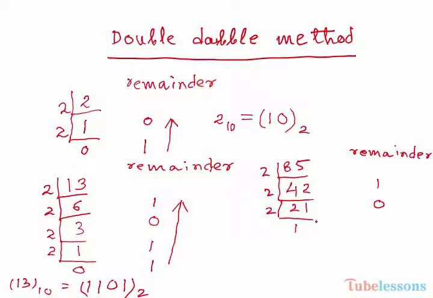10, and the remainder is 1. Again divide it by 2, that is 5 times 2 equals 10, and the remainder is 0. Again divide it by 2, 2 times 2 equals 4, so the remainder is 1.